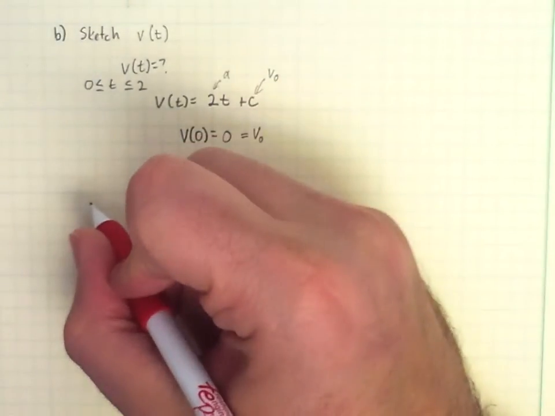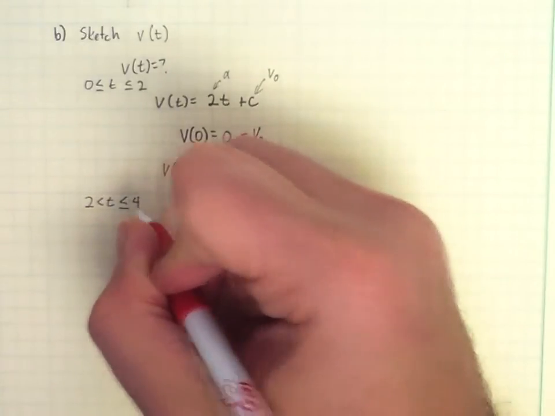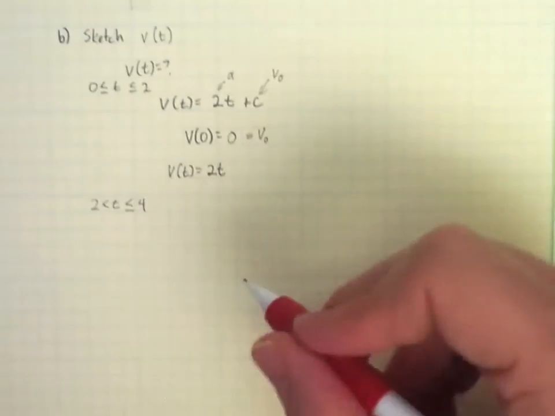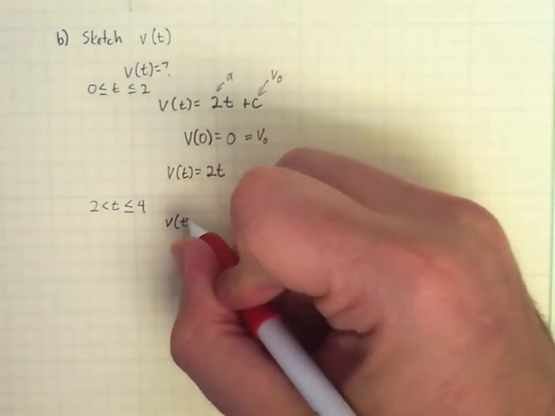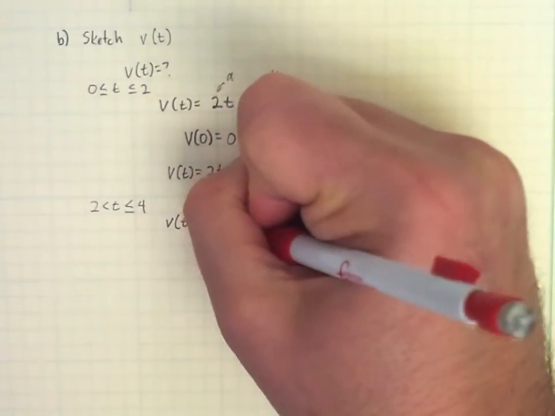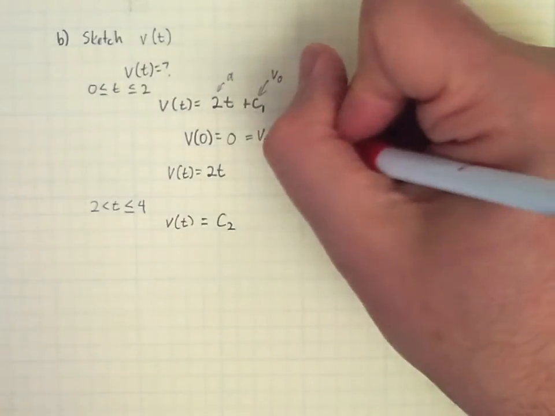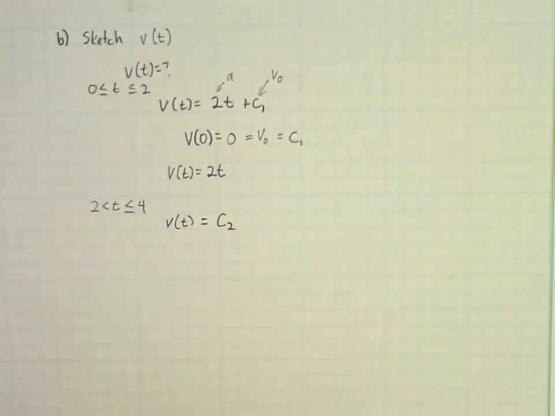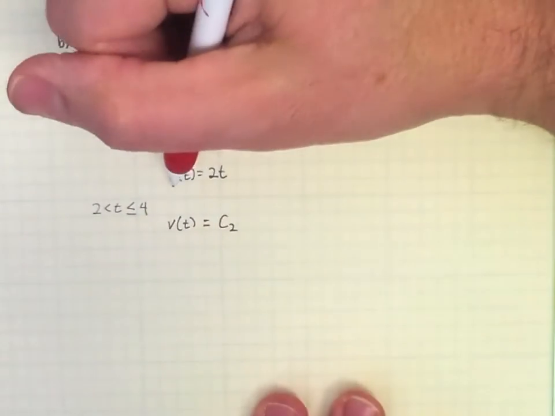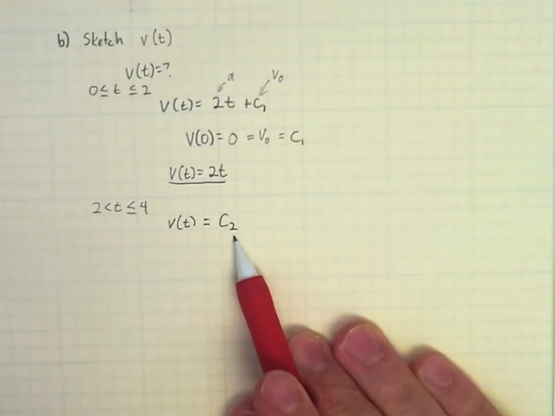But what about from 2 to 4? Well, from 2 to 4, the acceleration is 0. So v of t just has to be some constant value. And to keep those clear, I'll call this constant c2. So v of t is just a constant value.